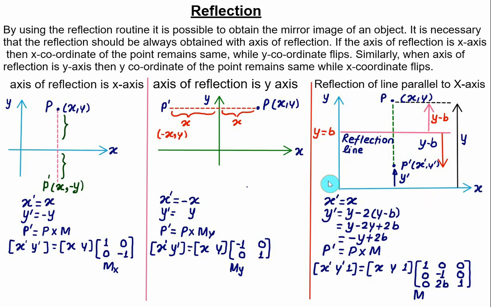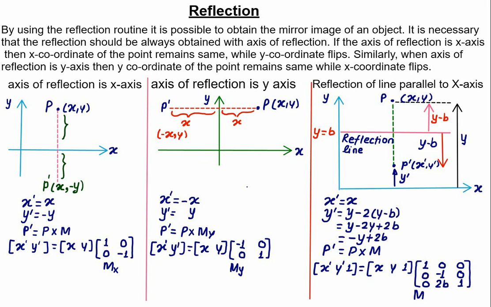Same story you can continue if we have a reflection line parallel to the y-axis. Now we'll discuss cases in which the axis is inclined to the x-axis. When we take the reflection of a point about a line which is parallel to the x-axis and has the equation y is equal to b, we have x prime equal to x, y prime equal to minus y plus 2b.